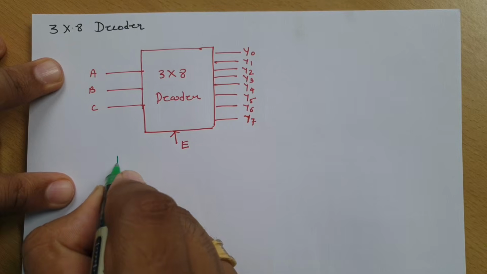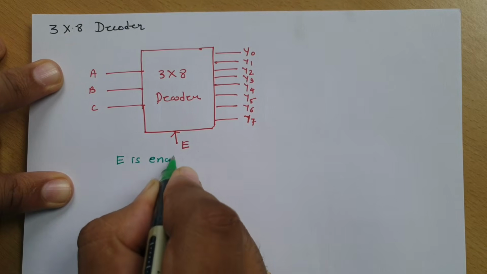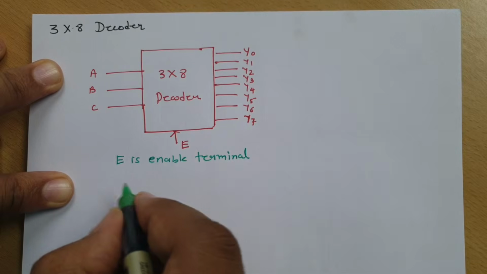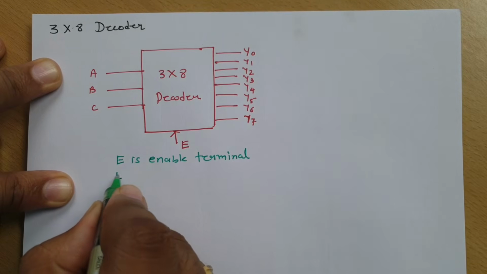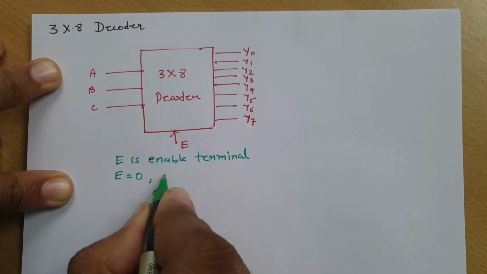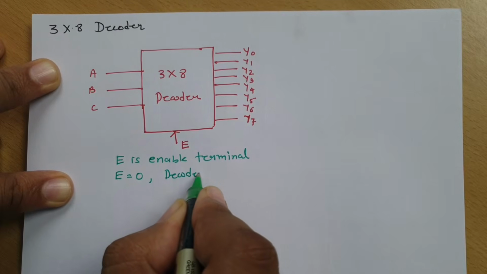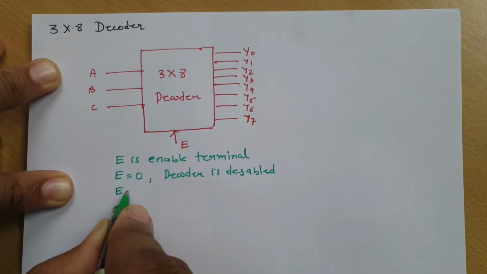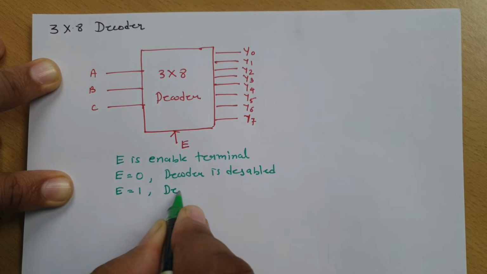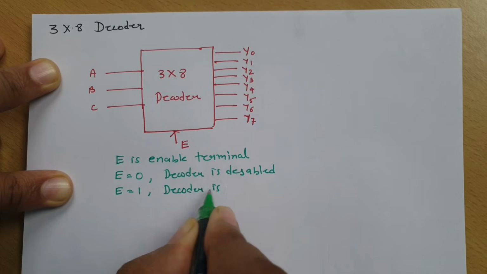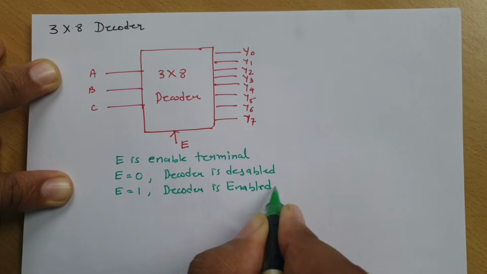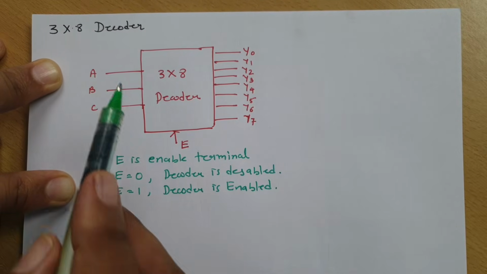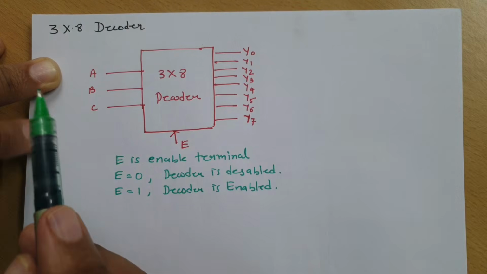So E is the enable terminal, where if E is equal to 0, then we can say the decoder is disabled, and if E is equal to 1, in that case we can say this decoder is enabled. Disabled means the decoder output will be 0 no matter what is on these lines.